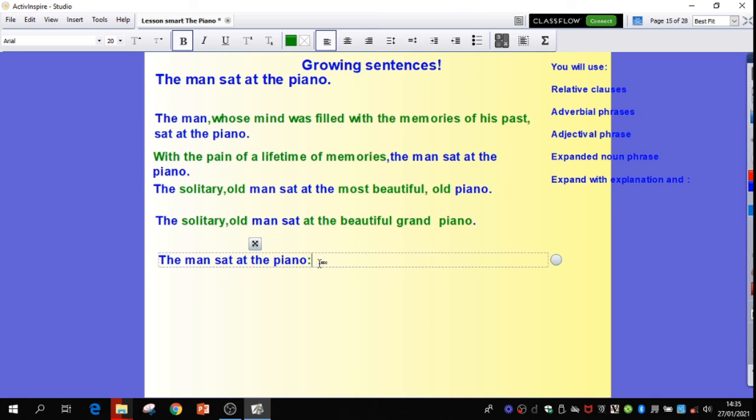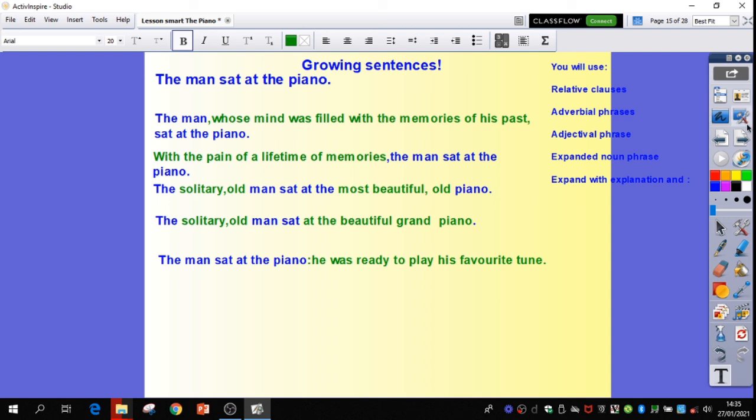So because, I'm thinking in my head, he was ready to play his favourite tune. Okay, so I have demonstrated to you there the five ways that we could add detail to our sentences.